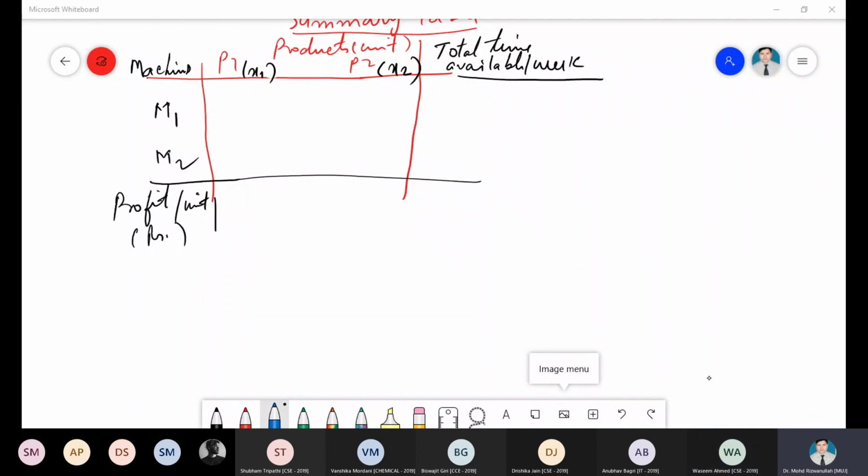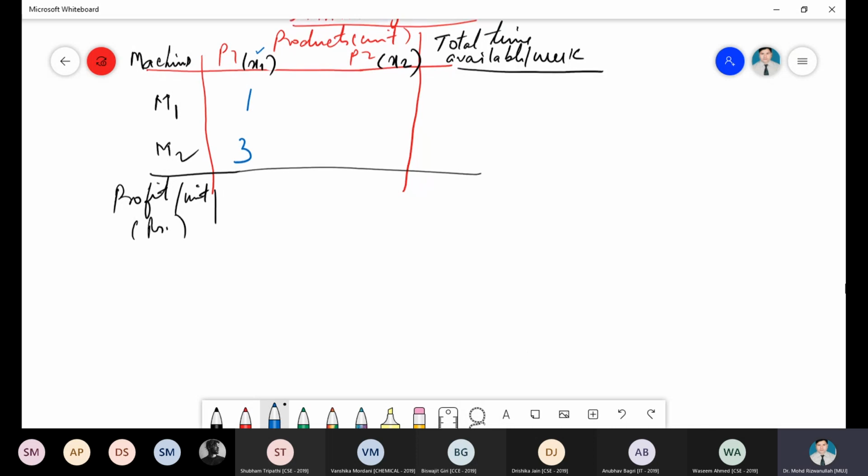So this product P1 or X1 decision variable we are producing on machine M1, and so how much time will it take on machine M1 and M2 by producing a unit of product X1? This is given in the question. One unit of P1 requires 1 hour at machine M1 and 3 hours at machine M2. Is it given?